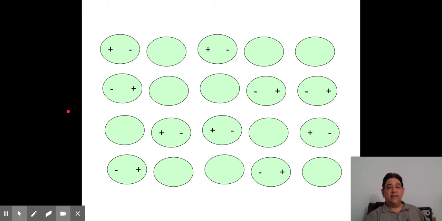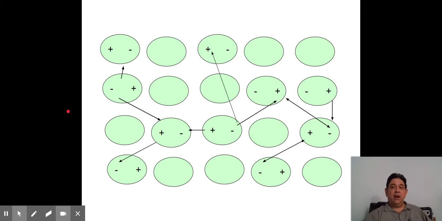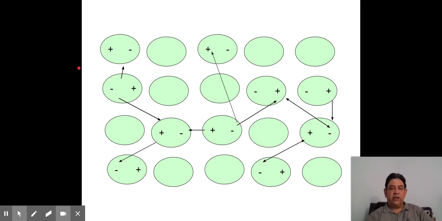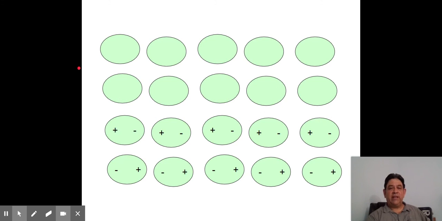And so what happens is all the polar molecules are attracted to each other, right? The negatives of one polar molecule attract the positive of another one, here or that one there. They all start attracting each other. And so out of all the tiny particles all over here, all the polar molecules start gravitating toward each other. And when they gravitate toward each other, they kind of separate out.